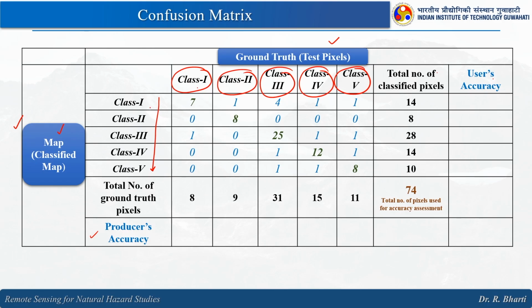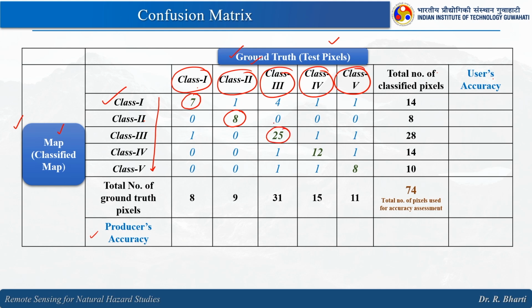So, class 1 versus class 1, right. So, that says that 7 pixels are correctly classified as class 1 with respect to ground information, right. 8 pixels are correctly classified as class 2 with respect to ground truth.